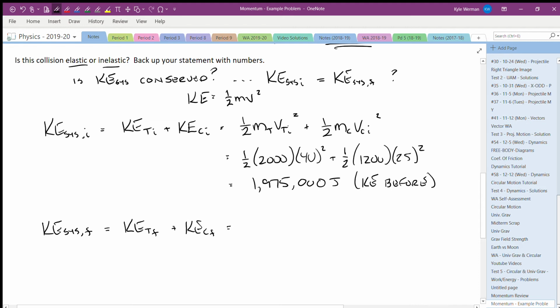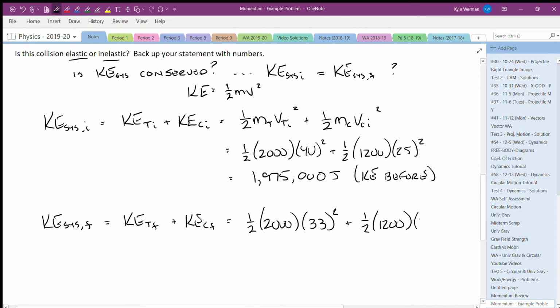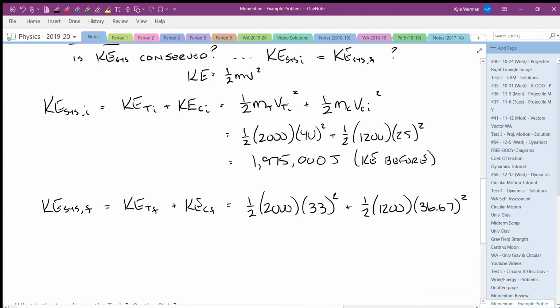I'm just going to go right into plugging in the values. That's 2,000. This Tesla is only going 33 now. So that's the new velocity. And the Civic, 1/2 of 1,200, and we had 36.67. Depending on how you round, you might get slightly different values.